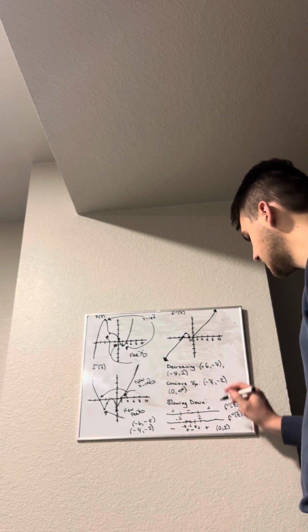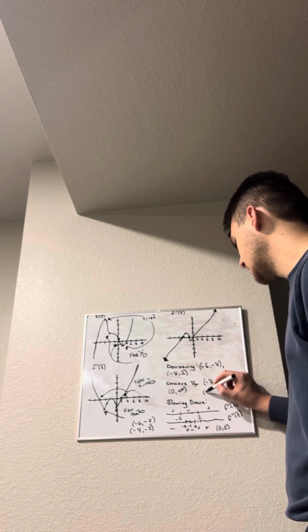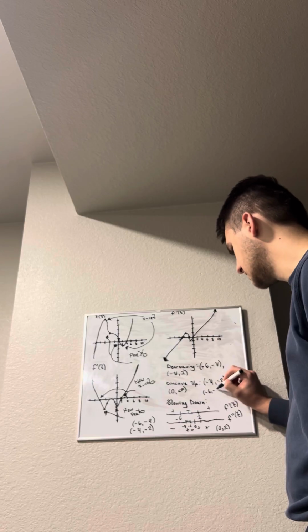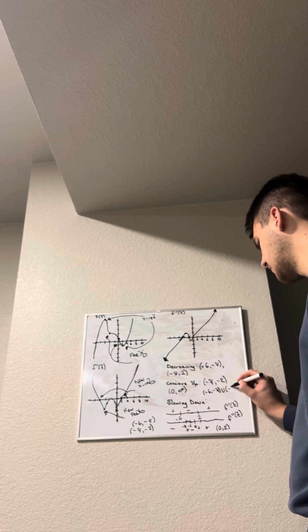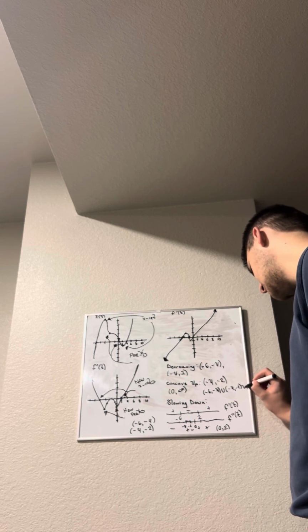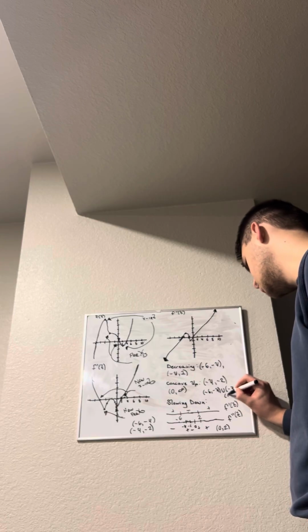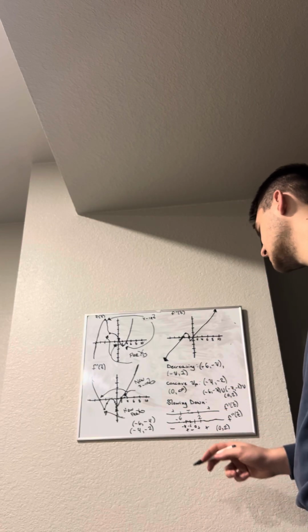We have these three intervals right here, but if we put them together in interval notation, we can just say -6 to -4, union, -4 to -2, union, 0 to 2. And they're all slowing down because they have different signs.